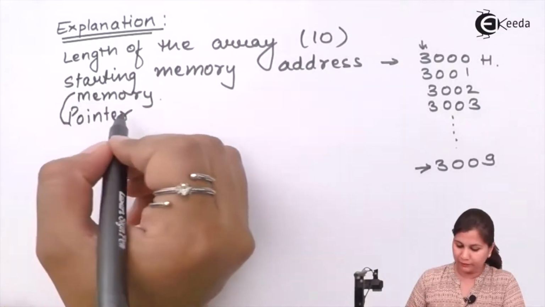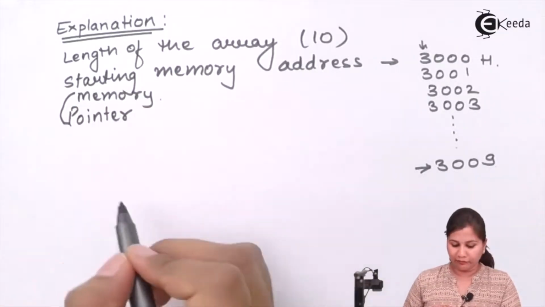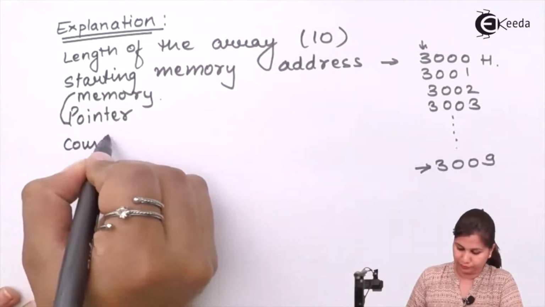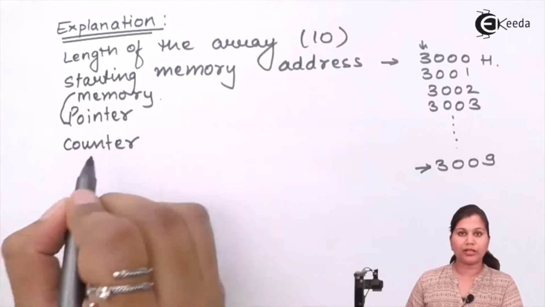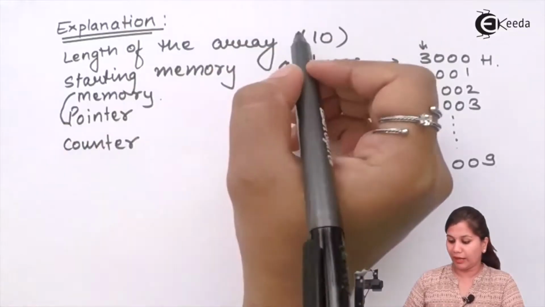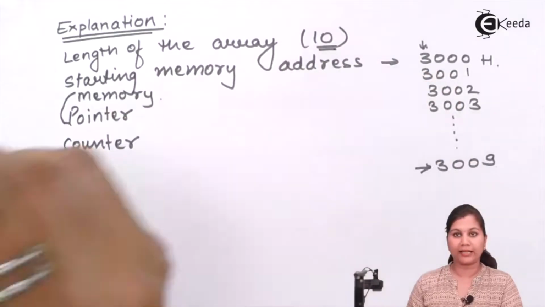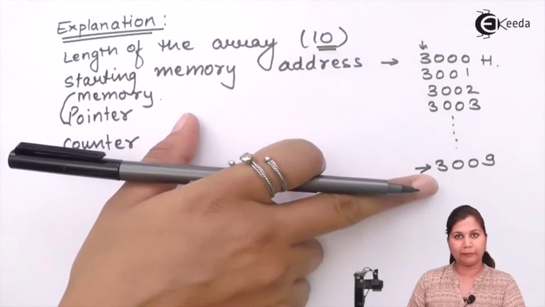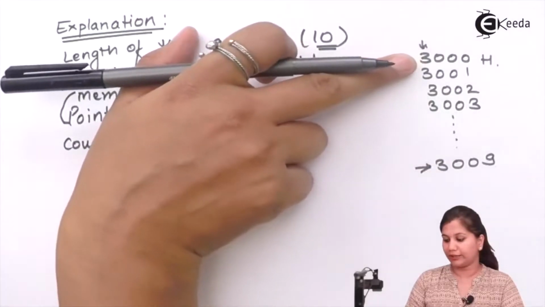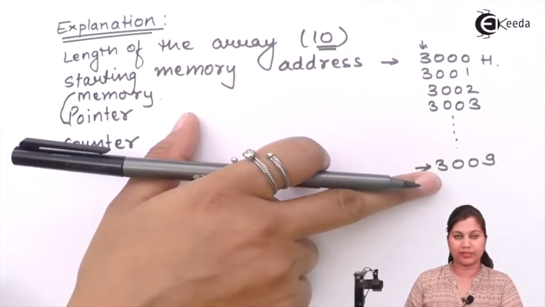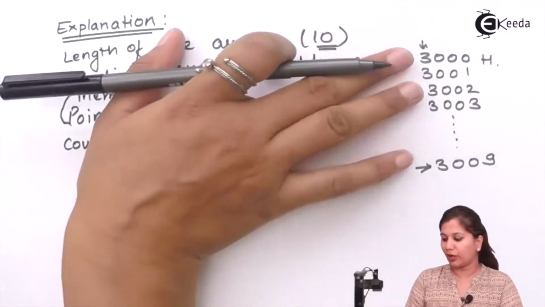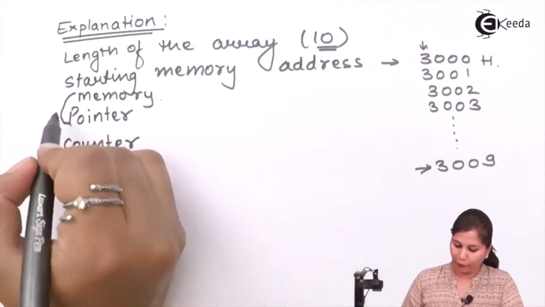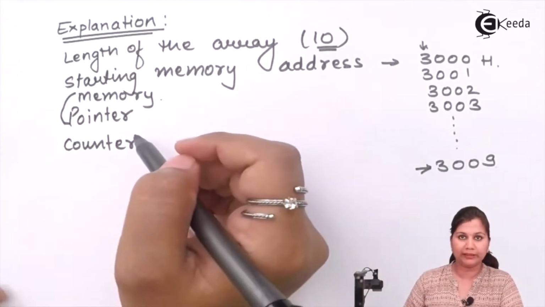Then we will require a counter. The counter is needed because there are 10 numbers in the array. The memory pointer is incremented again and again to point to the memory addresses, and the counter is needed to go up to 10 memory locations. So a pointer and a counter will be needed.